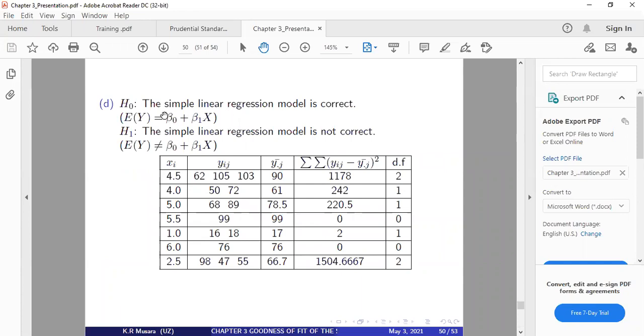So if you fail to reject this, it means that we don't have sufficient evidence to say the model is not correct. That's what this conclusion is saying.